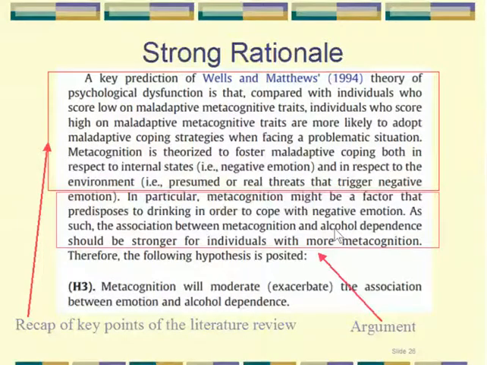Now we develop the argument. In particular, metacognition might be a factor that predisposes to drinking in order to cope with negative emotion. As such, the association between metacognition and alcohol dependence should be stronger for individuals with more metacognition. And at that point, we can say, therefore, the following hypothesis is posited.